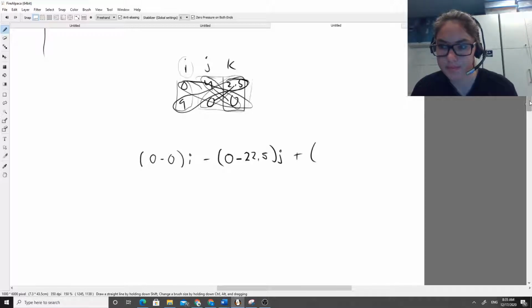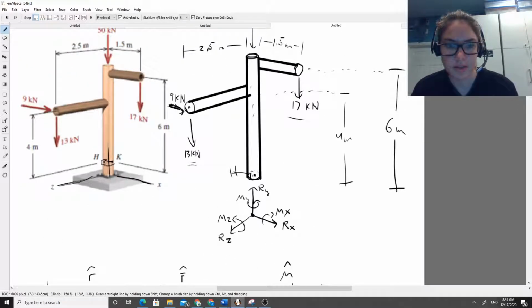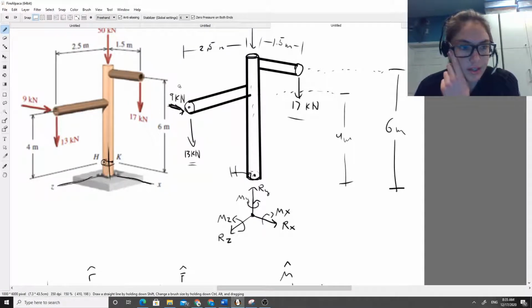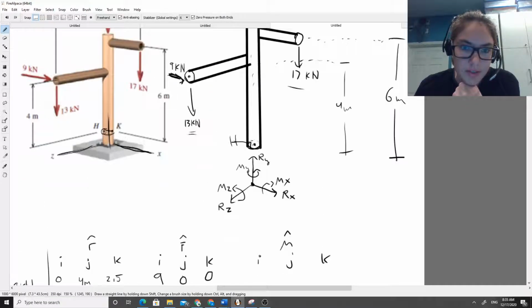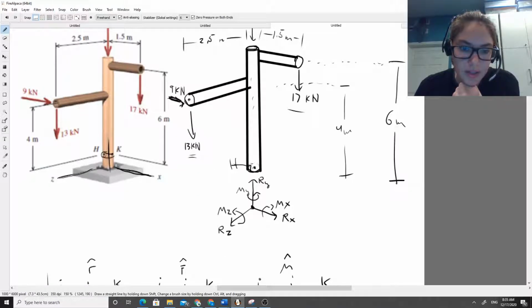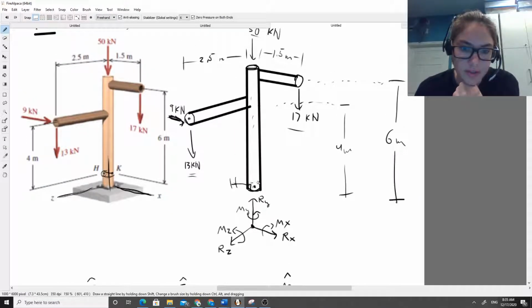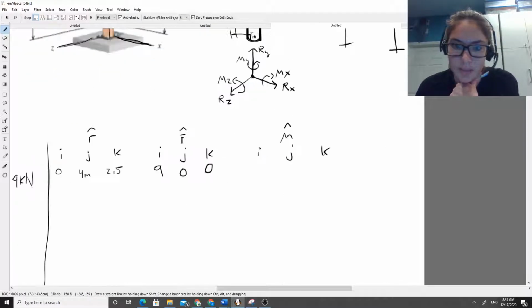Plus, now, keep in mind, the 9 kilonewtons is going in the direction of my x, so this is a positive 9 kilonewtons, as is the position vector, so this is going to be a positive. It's going up in the y direction and up in the z direction. So all of our numbers are positive here.